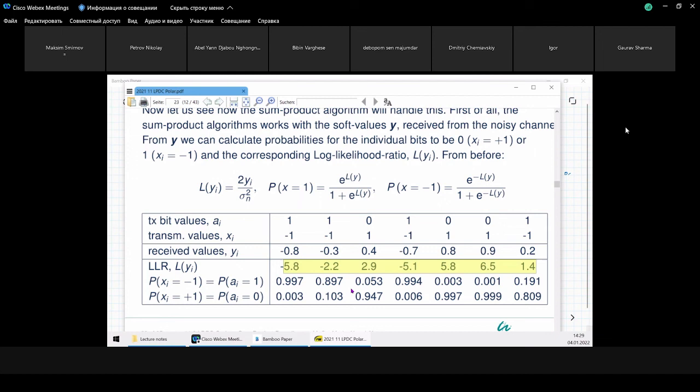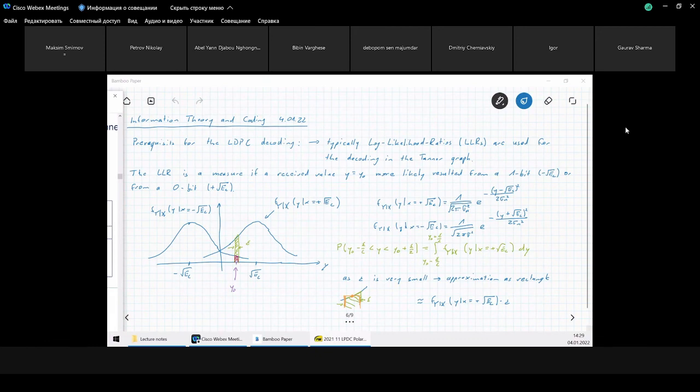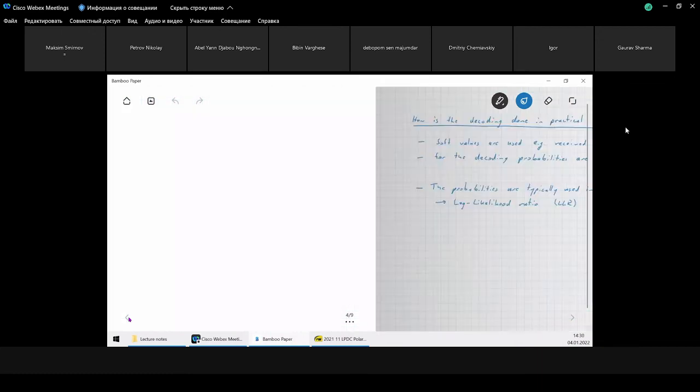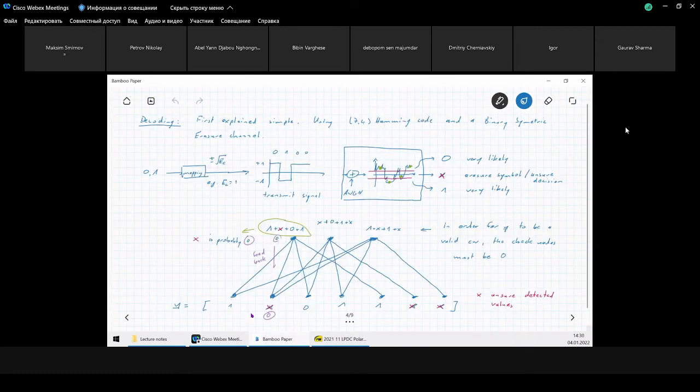Okay, are there questions related to this one? Okay, so this is basically where we want to continue next time: let's go back to our Tanner diagram and see how, instead of these decided values, we can work with the probabilities and the log likelihood ratios in this Tanner diagram. There we will have to answer one more difficult question.